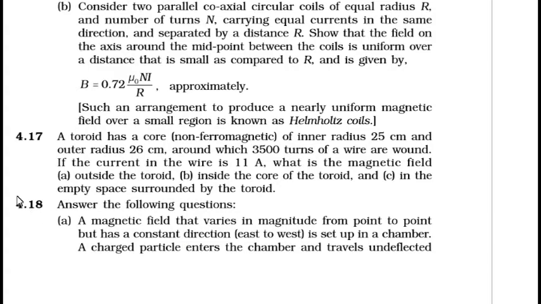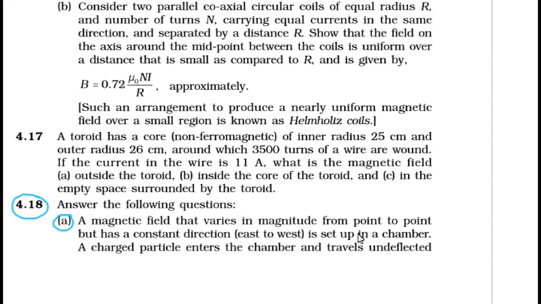Now we'll solve problem number 4.18. Answer the following question. A. A magnetic field that varies in magnitude from point to point but has a constant direction east to west is set up in a chamber.